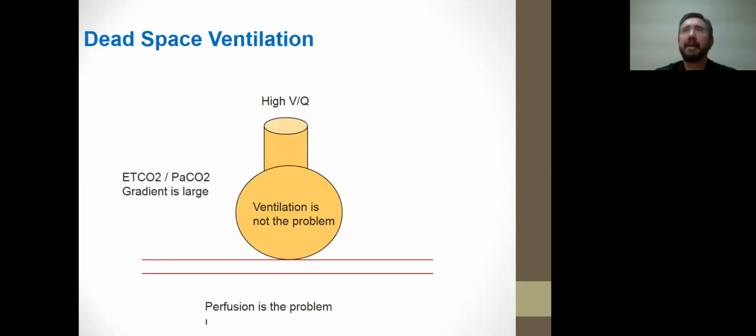In dead space, the gradient is large and ventilation is not the problem, but perfusion is the problem because no exchange of oxygen or CO2 is taking place. Areas of the lung may be well ventilated, but not perfused. This may happen in conditions that cause a significant drop in pulmonary blood flow, such as a pulmonary embolism or a decreased cardiac output.